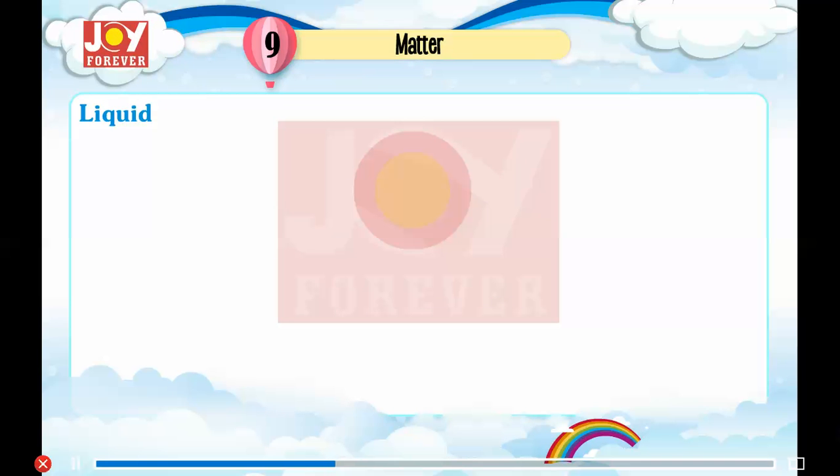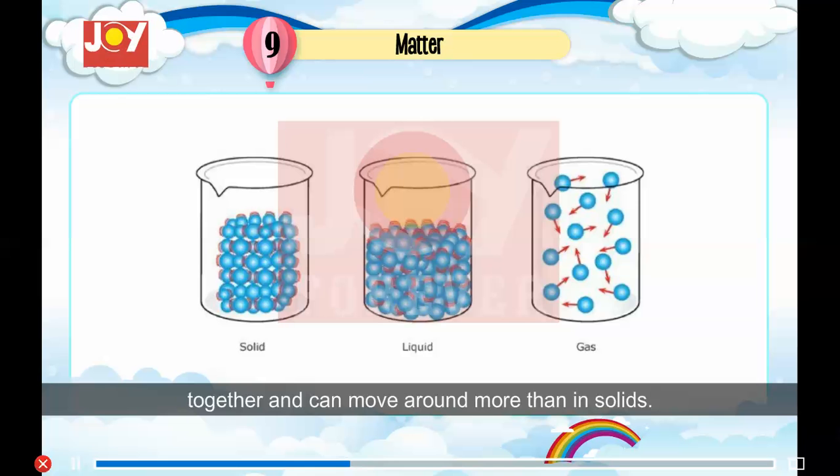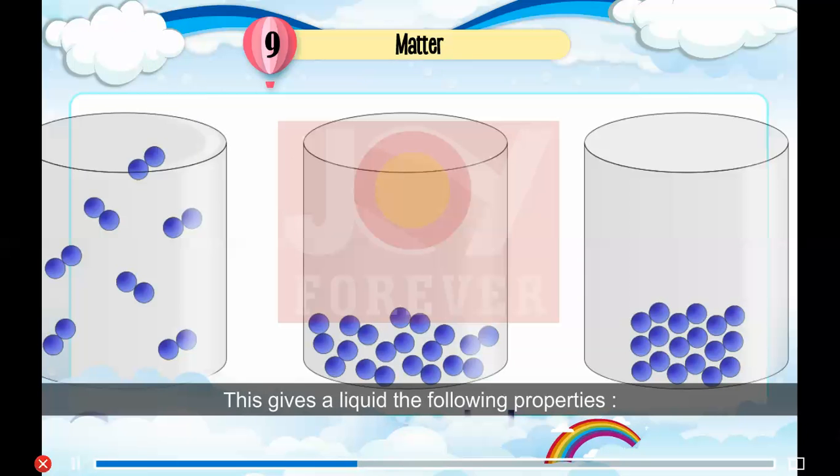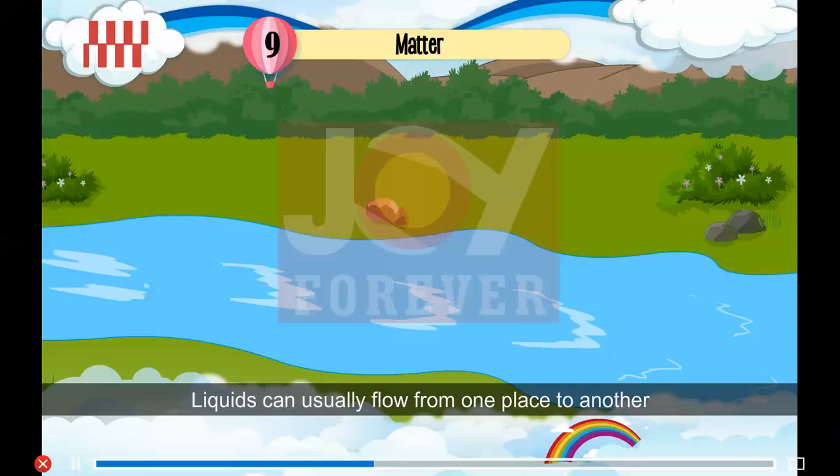Liquid. Liquids have no fixed shape. The particles that make up a liquid are not very closely packed together and can move around more than in solids. This gives a liquid the following properties. 1. Liquids take the shape of the container in which they are poured, but they have a fixed volume. 2.